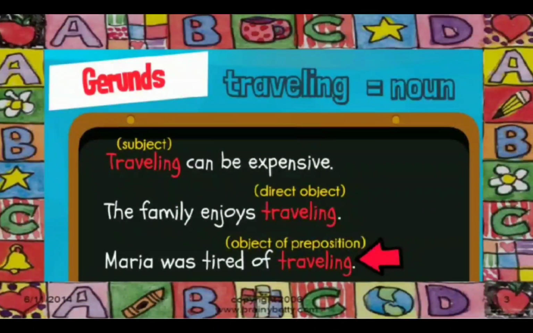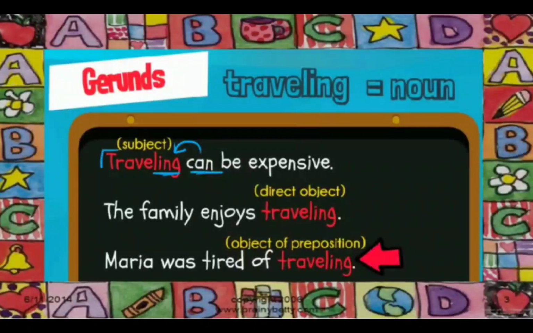Look here. Traveling can be expensive. Can is the verb. The ing word is before the verb. Anything before the verb is called the subject. It is an ing word before the verb, it looks like a subject, and moreover, traveling is like an activity.